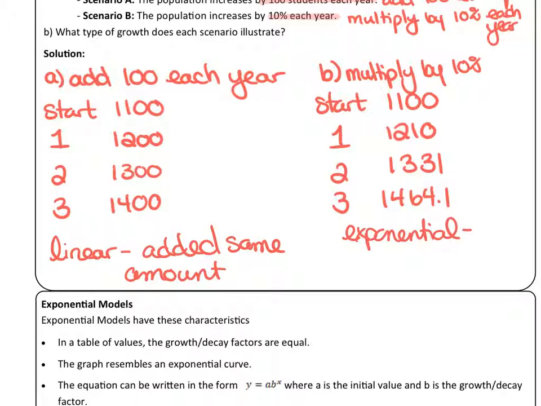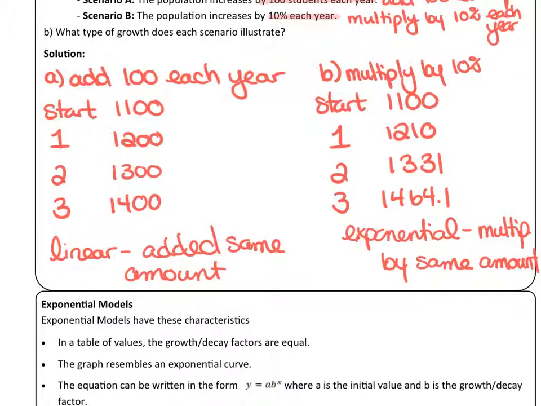And why? Because it multiplied by same amount each year. So if you want to remember this one, you can be like linear addition, exponential multiplication. And that kind of helps you remember it.